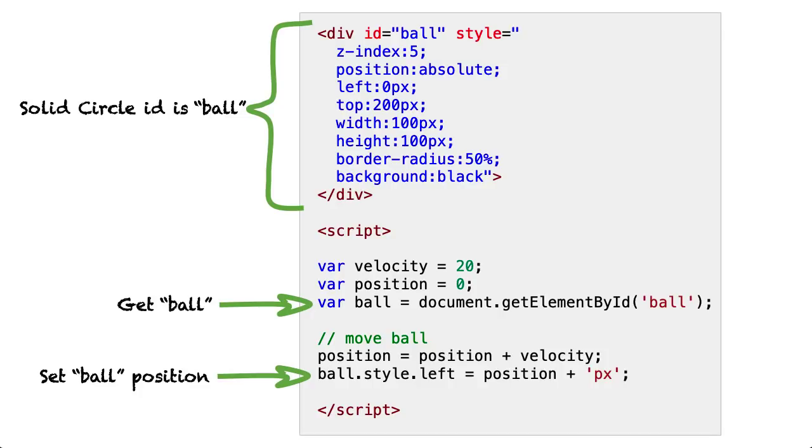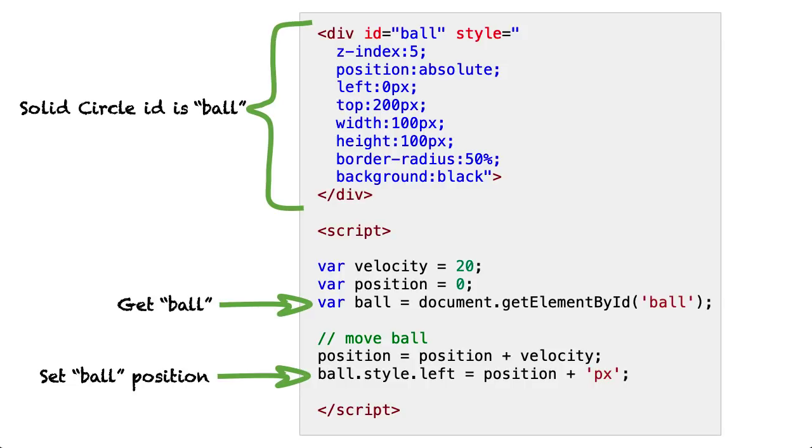The declarative programming we did initially, you can see the div that has all of its attributes from z-index all the way to the color of the background. But note that we're adding one attribute, and that is id equal ball. We will use that within the script to get a handle on that div and to be able to move it based on what we want.